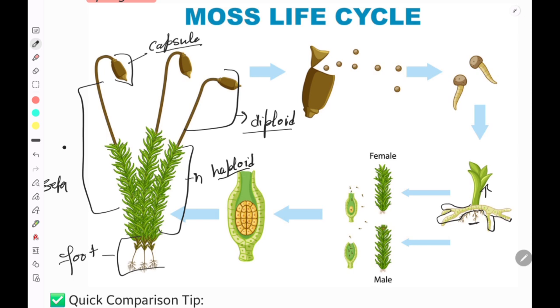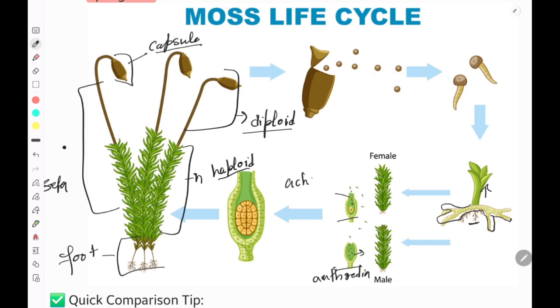These rhizoids are branched, which further develop into the male and female reproductive organs, antheridia and archegonia. Sorry, this is archegonium and this is antheridia.